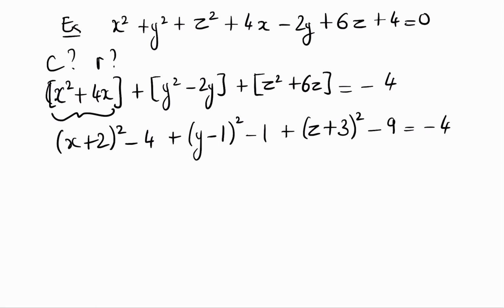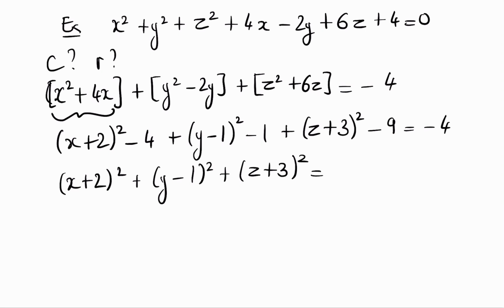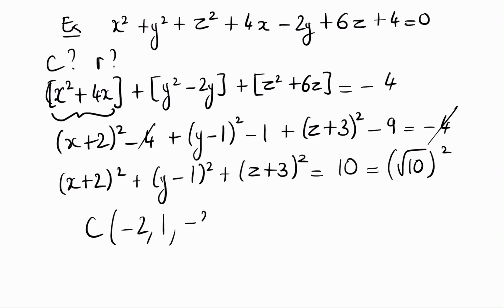We move all of the constant terms to that side, so that x plus 2 squared plus y minus 1 squared plus z plus 3 squared equals minus 4 plus 4 plus 1 plus 9, and that's 10, which is root 10 squared. So that means that the center is minus 2, 1, minus 3, and the radius is root 10.